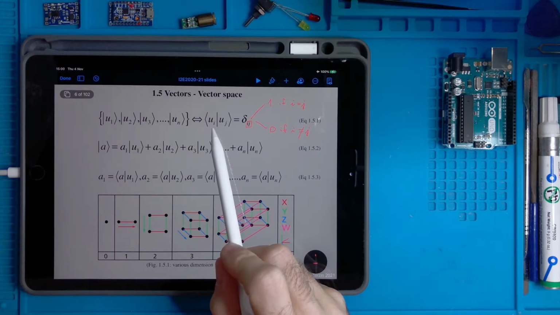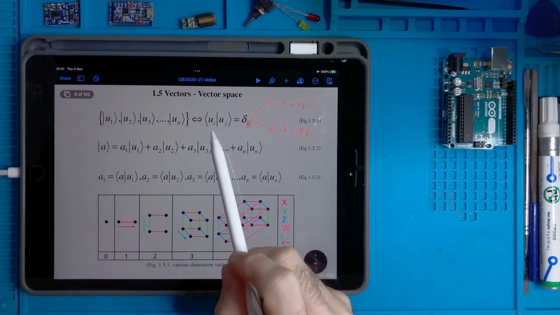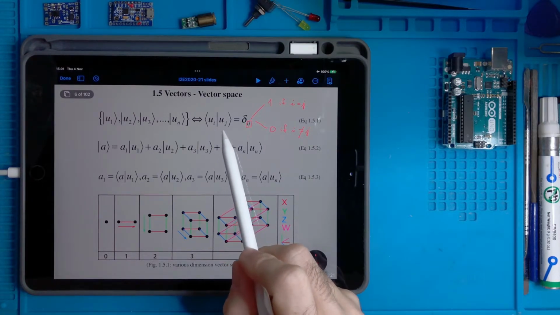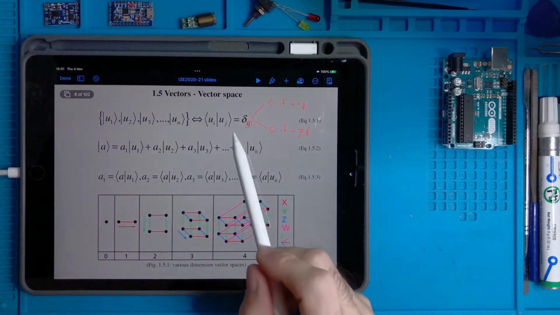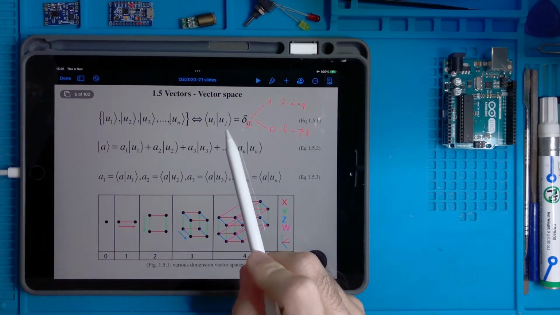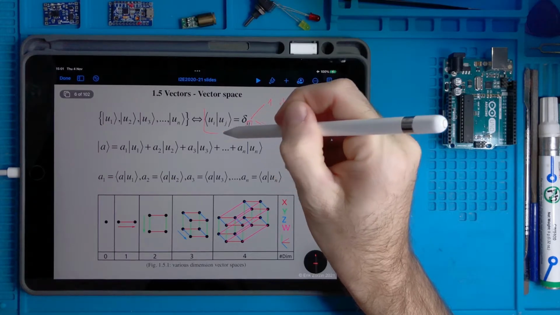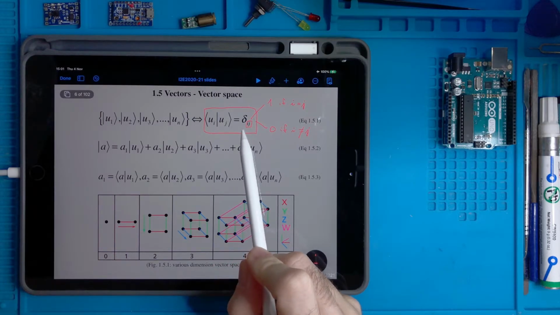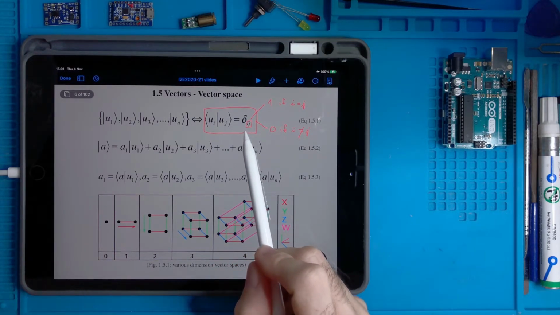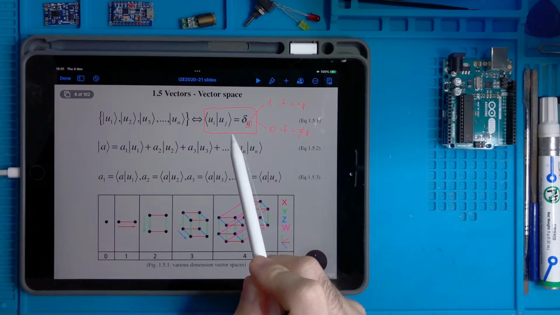So we can consider specific vectors having these properties, that the inner product between a certain vector ui and uj, where i can be 1, 3, 11, something, just an index spanning from 1 to n, as well as j, is delta ij. Writing this means that we are choosing vectors which are orthogonal to each other. Why?